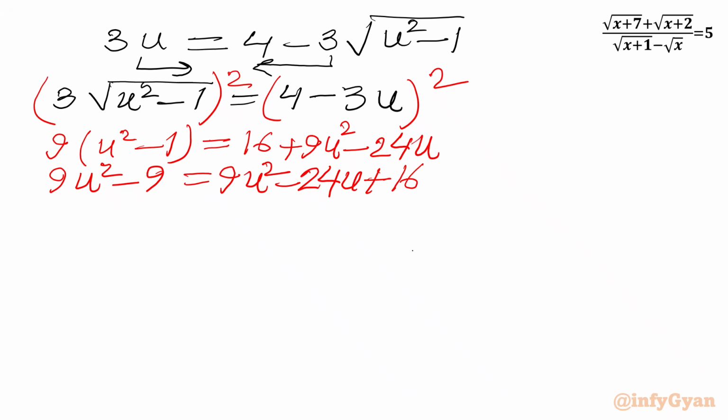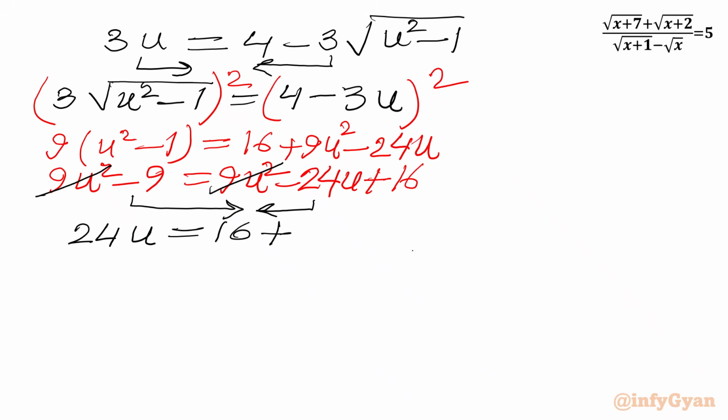We can subtract 9u square from both the sides. So we will remove 9u square. Now we will take minus 9 to the RHS, minus 24u to the LHS. So we can write 24u equal to 16 plus 9, which is equal to 25.